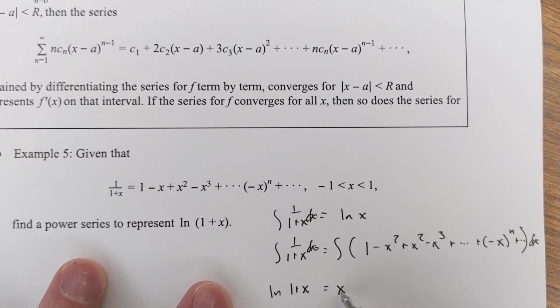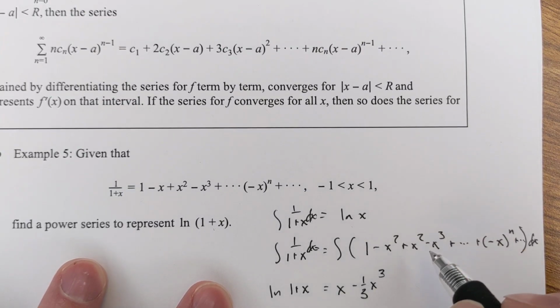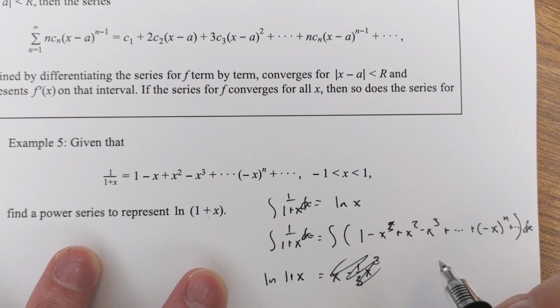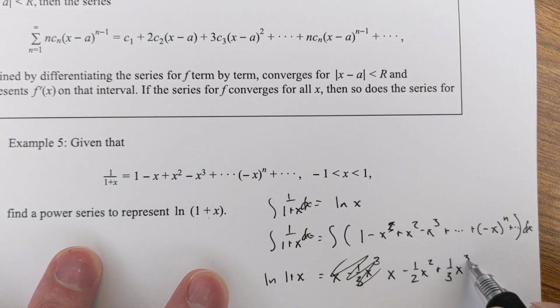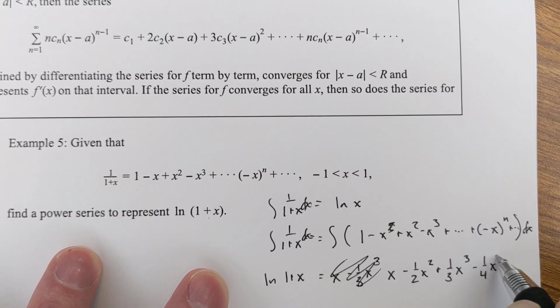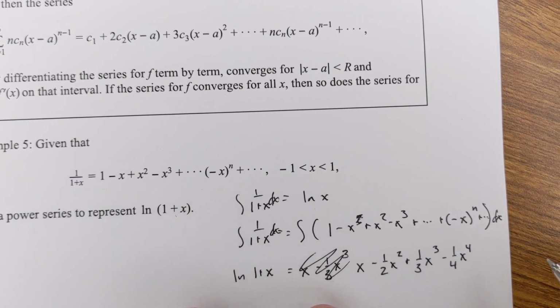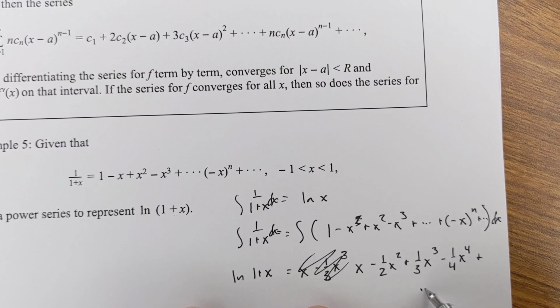Over here, this is going to be x minus 1/2 x squared plus 1/3 x cubed minus 1/4 x to the 4th plus, dot, dot, dot.